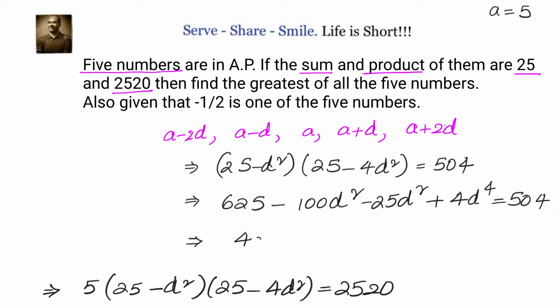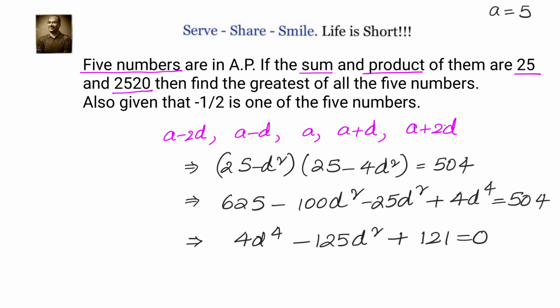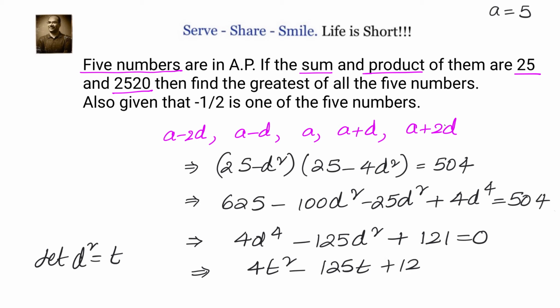We'll have 4d to the power of 4 minus 125d square plus 121 equals 0. Now if you take d square equals another variable t, then we can see that what we have here is a quadratic equation. So we can write it as 4t square minus 125t plus 121 equals 0.